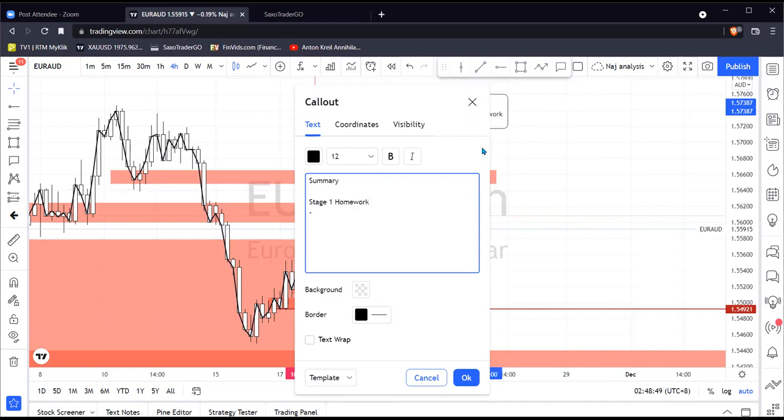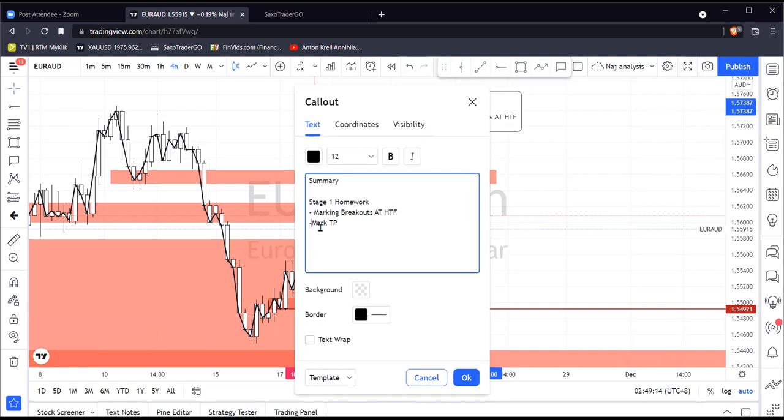So first, marking breakouts at high time frame. I'll show you guys how to actually do this in a bit. And then mark TP, target price. Mark TP.